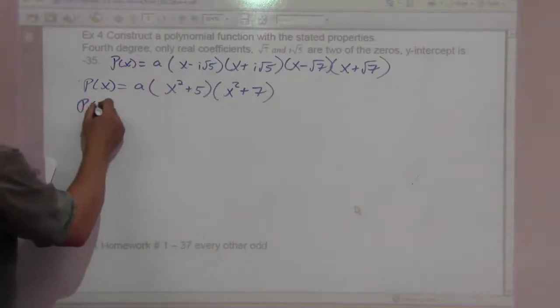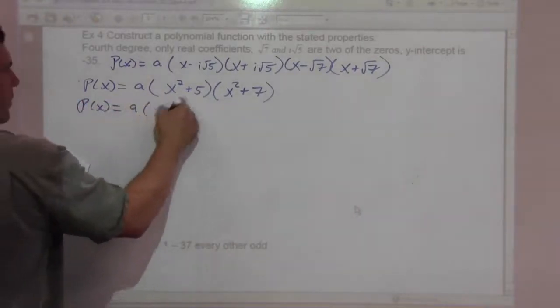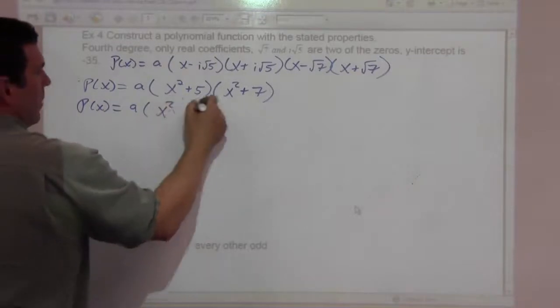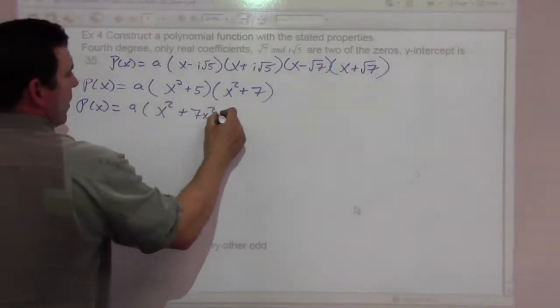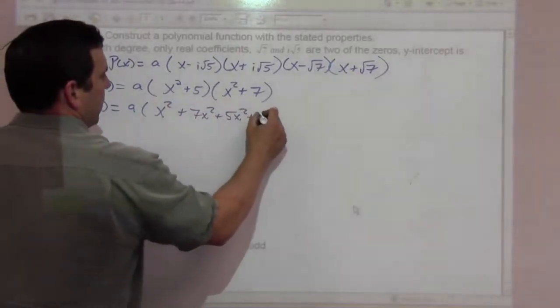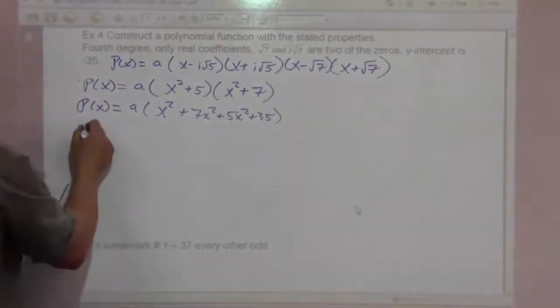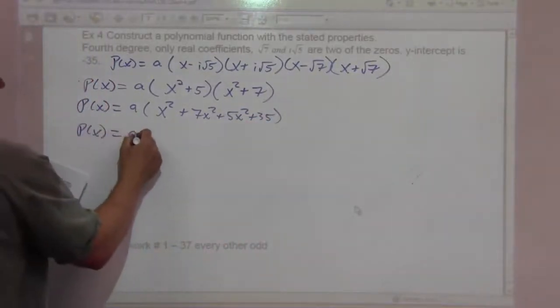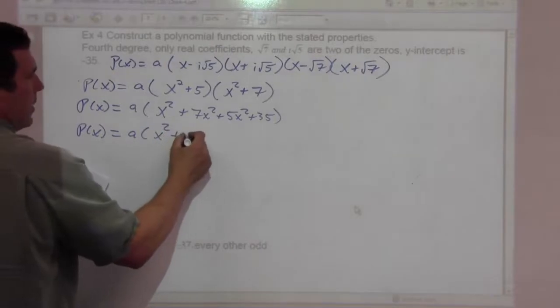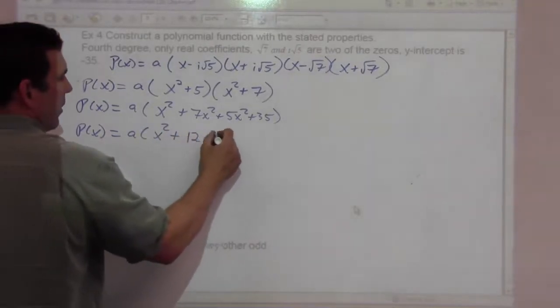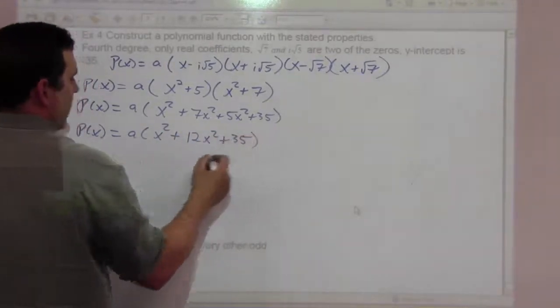So P of x is going to be a times x to the fourth plus 5x squared minus 7x squared minus 35. So P of x is going to be a times x to the fourth minus 2x squared minus 35.